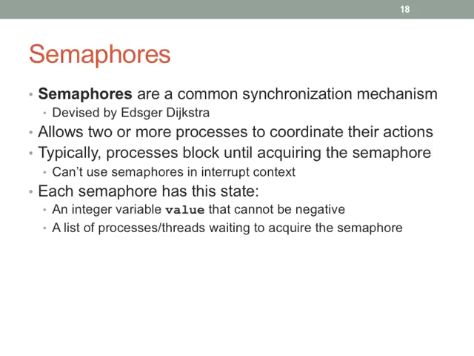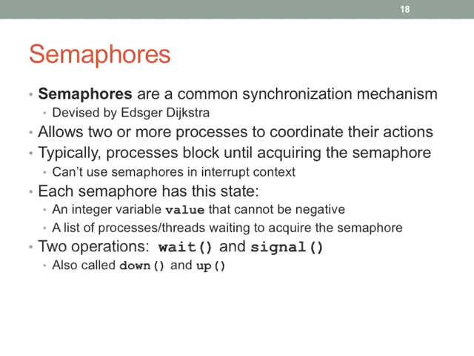Semaphores have a count, basically, and you constrain it so that, for example, it can't be negative. So it can be 0, it can be positive. That's fine. And then you have a list of processes or threads that are waiting to acquire the semaphore. You have two operations, wait and signal, or down and up, because that's basically how they're implemented.